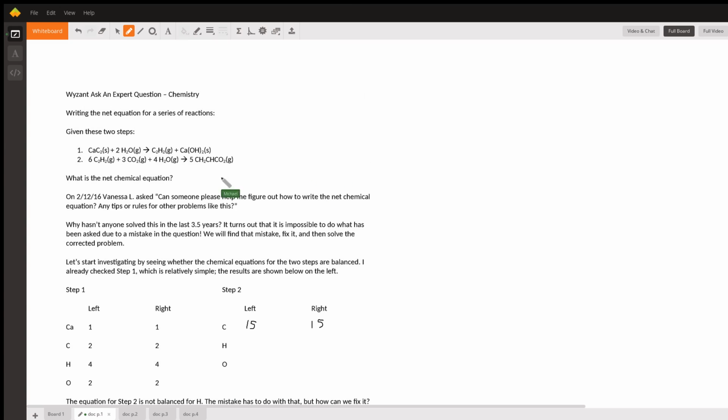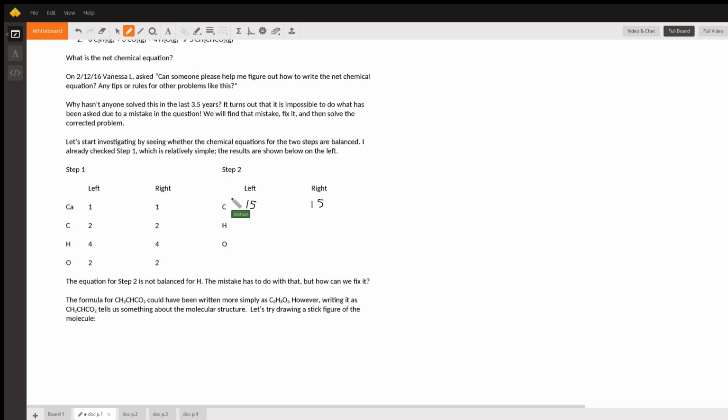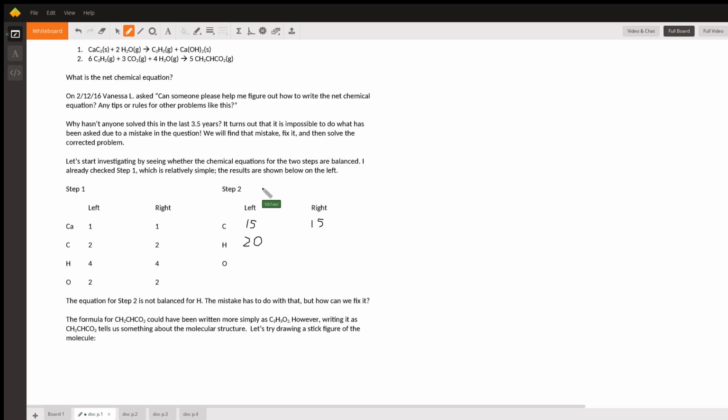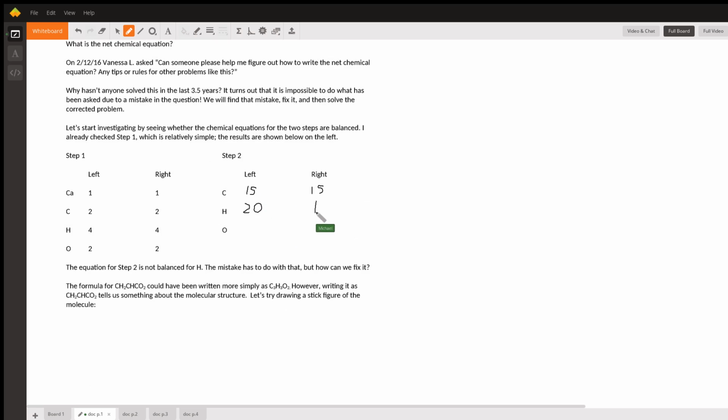Hydrogen. Here we have 6 times 2 is 12, and 4 times 2 is 8, total of 20 hydrogens. And on the right side we have 2 plus 1 is 3, 5 of them, 15. Here's our problem. We'll come back to that in a moment.